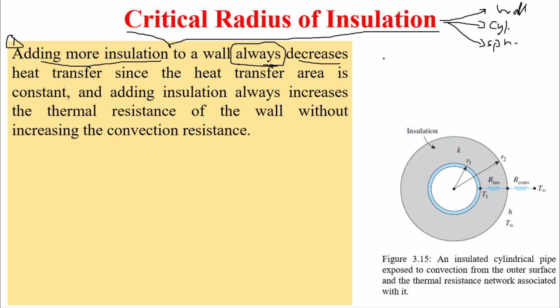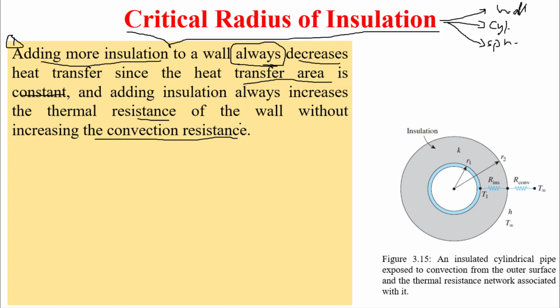In a few moments I will show you the equation. Why we mention the surface area, why it is constant. Adding insulation always increases the thermal resistance of a wall without increasing the convection resistance.